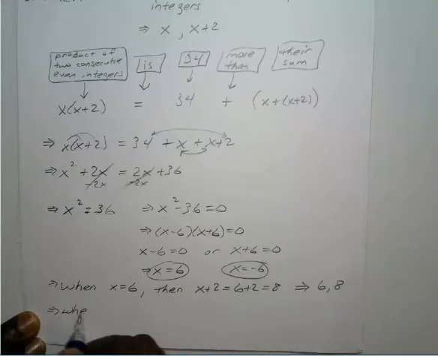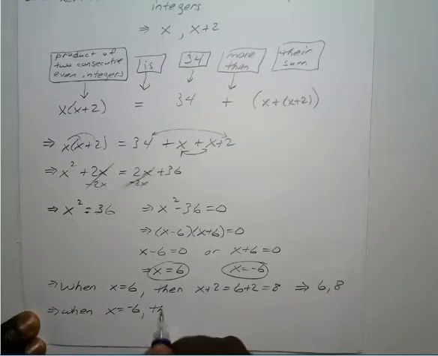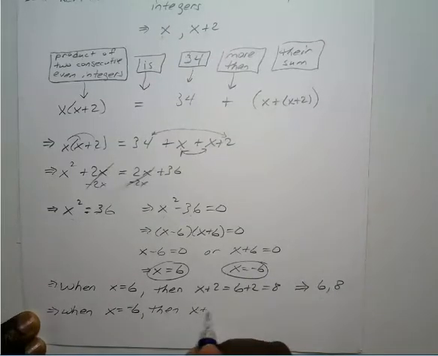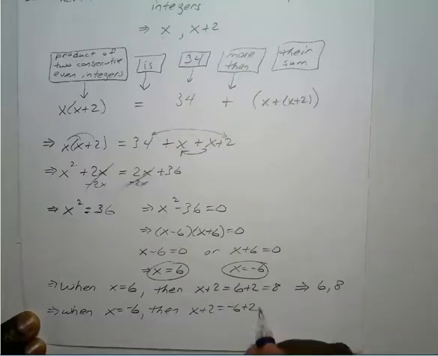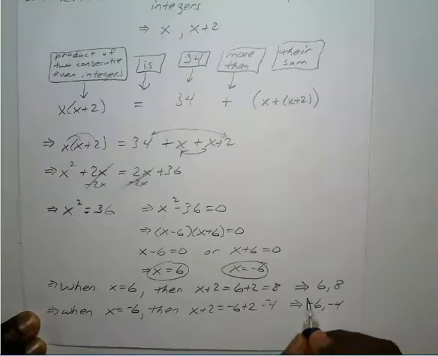But when x is equal to negative 6, then x plus 2 equals negative 6 plus 2, which is negative 4. So that gives us the two even integers, negative 6, negative 4.